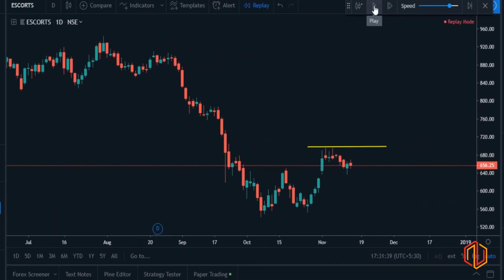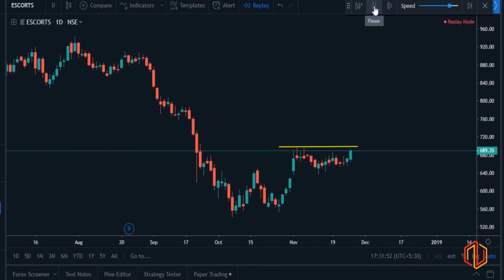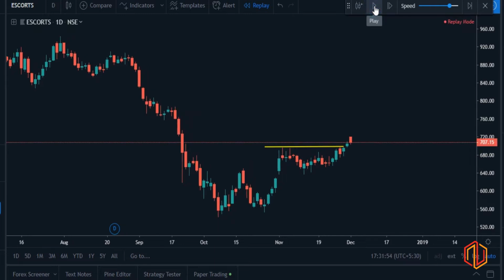Another setup of the wick dominating breakout is what we're going to see here on the Escorts daily chart. Now you see we have again marked a resistance, and what we're doing is we are waiting for the breakout to happen. Now price is playing around there, and you can see that this particular candlestick, green candlestick, has actually closed above this range.